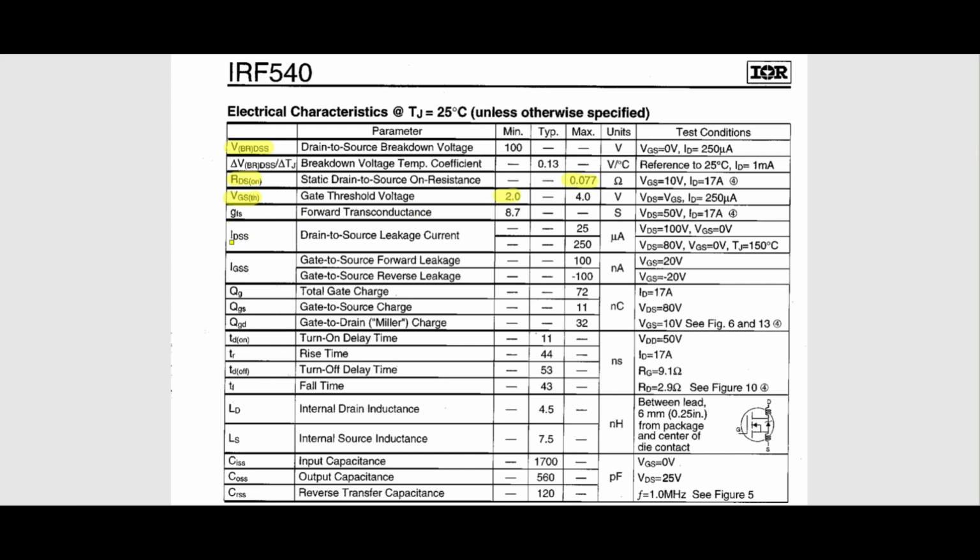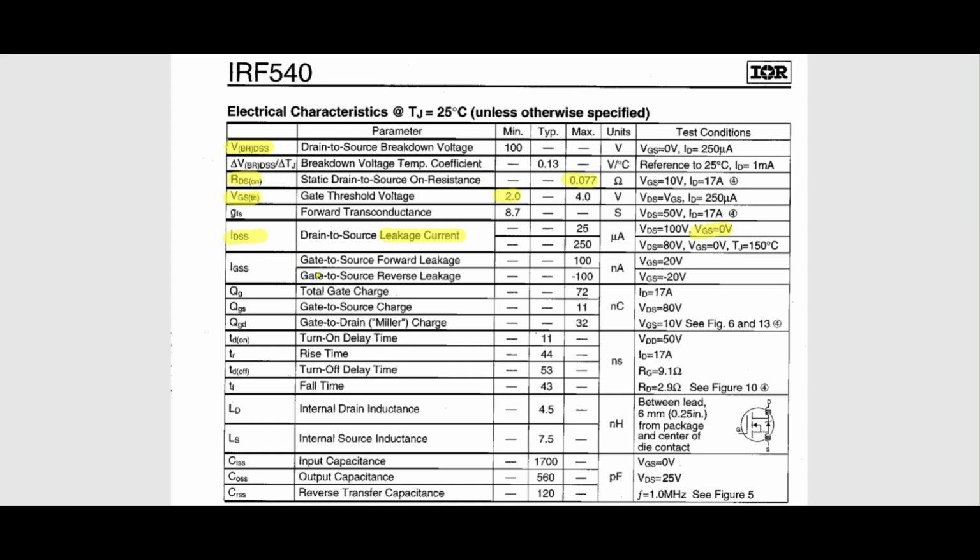Forward transconductance. IDSS, drain to source current when the gate is shorted to the source. This is actually the leakage current, and it is around 25 microamps. You see, VGS is always 0 for IDSS, and we saw it in the transconductance characteristic.